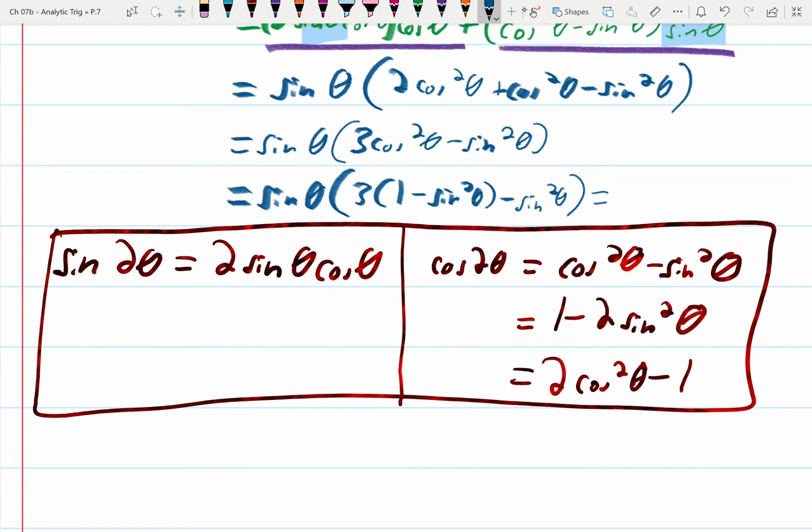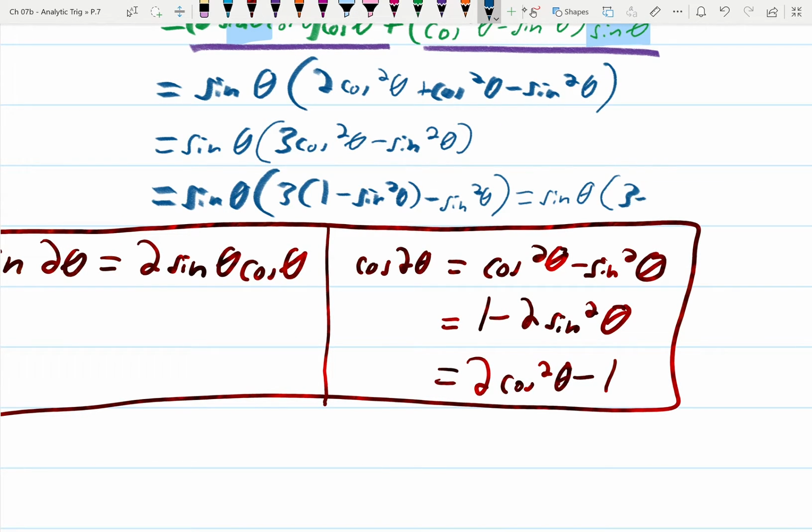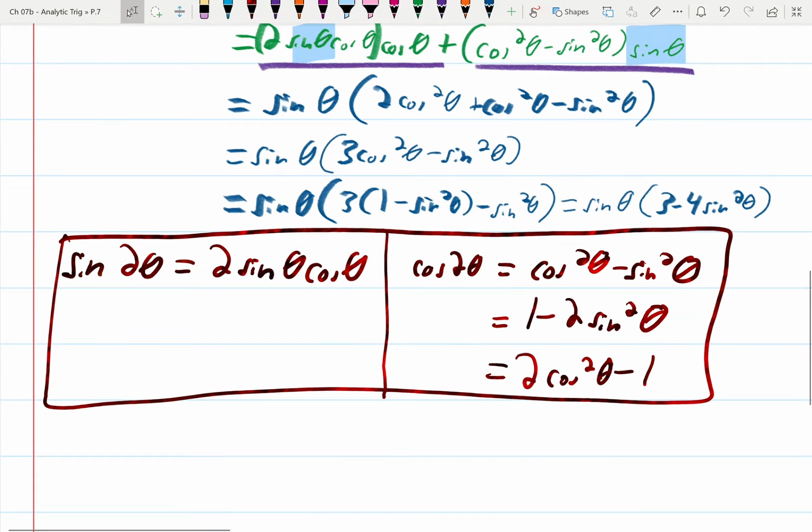That would be equal to sine of theta times, this would be 3 minus 1, so it'd be 3 minus 4 sine squared theta. Sorry, but that's considered a little bit better, because if you're doing an identity with sine 3 theta, it should be in terms of sine. You shouldn't have to go to cosine if you're just doing a sine one. So yeah, okay, done.